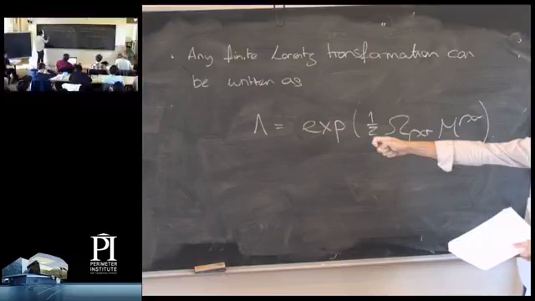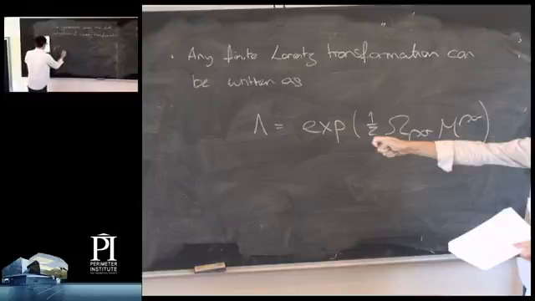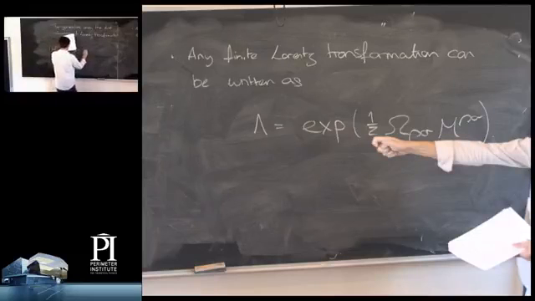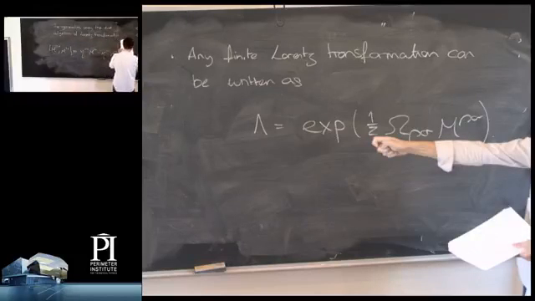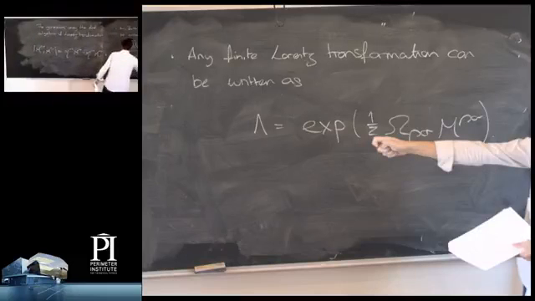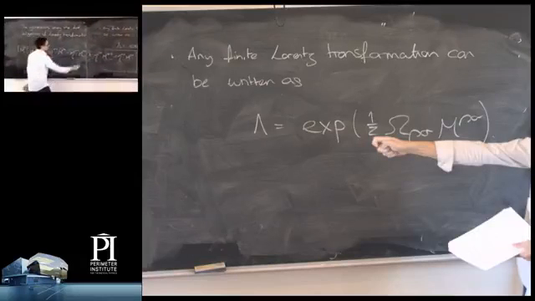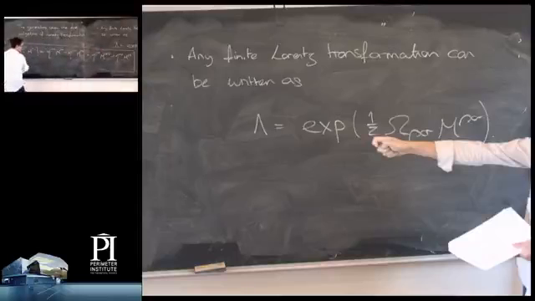So finally, the Lie algebra is the following. You can figure this out just by plugging in the definition of the M's. Important equation, so let me just pop this in.